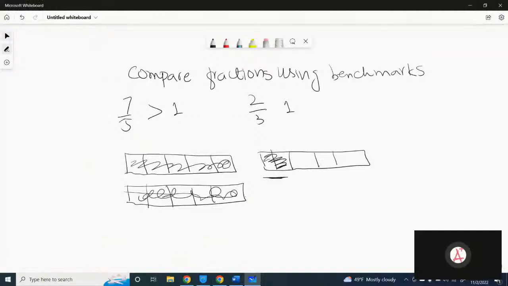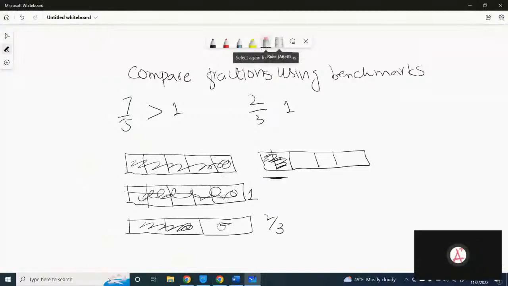Got it? Now you need to look at 2 over 3. Okay, here you have 2 over 3. You have to compare 1 and 2 over 3. This is 1 and this is 2 over 3. Only 2 of them are colored. Is 1 greater than 2 over 3 or less than 2 over 3?